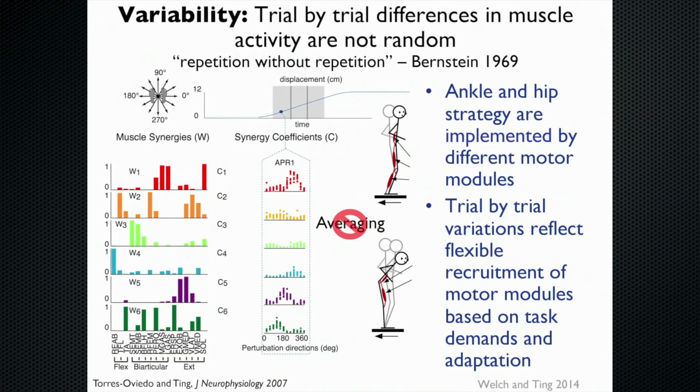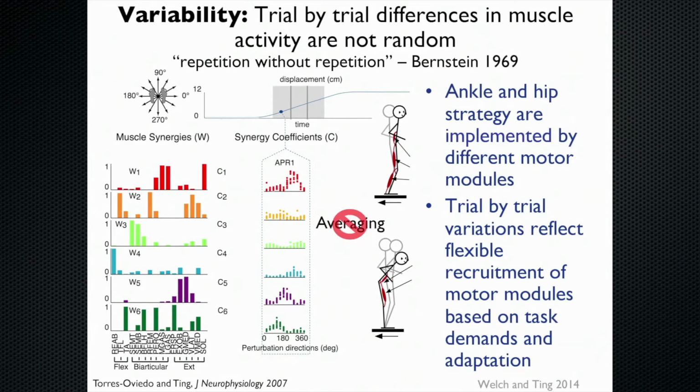The muscle synergies here we have more, and they might correspond with different strategies that humans have of using a hip strategy or an ankle strategy for balance. One of the things is that the motor muscle activation patterns for doing a hip strategy and an ankle strategy are quite different, and we can have different mixtures of these two strategies at any time.